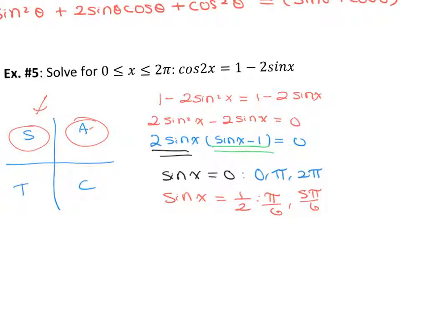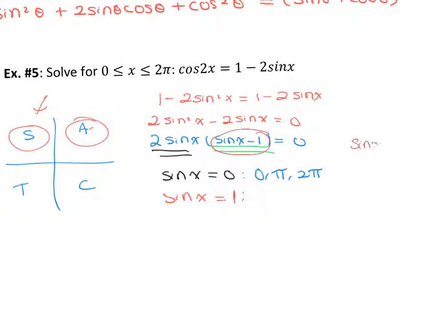Revision here. So sine x should be 1, not 1/2. Thank you for catching that. Okay, does that make sense though? All right, so let's go back to this interval, because you had to set this equal to 0.